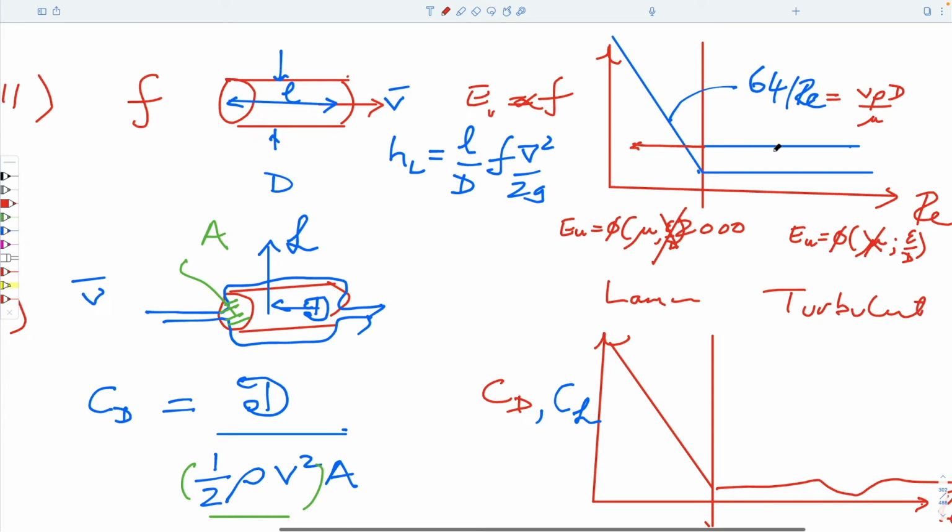It's a constant. So it doesn't vary with viscosity. It's completely independent of viscosity. But each of these lines, this is for epsilon over d is small. And this is for epsilon, there'd be a line up here for epsilon over d equals large. That's my shorthand.